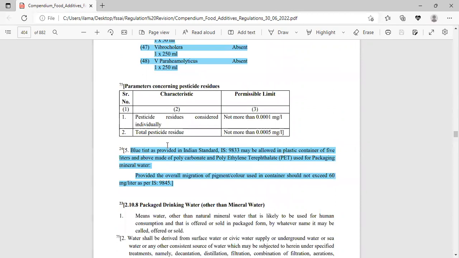And here, as per IS 9833, the blue tint is allowed only in 5 liter containers made of polycarbonate and polyethylene terephthalate, which are used for packing mineral water. The overall migration limit allowed should not exceed 60 mg per liter as per IS 9845.